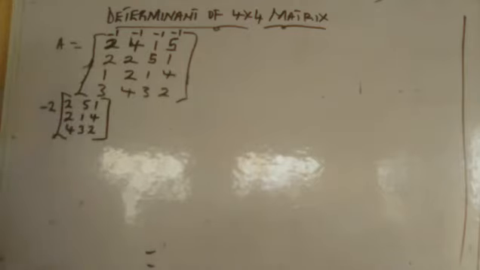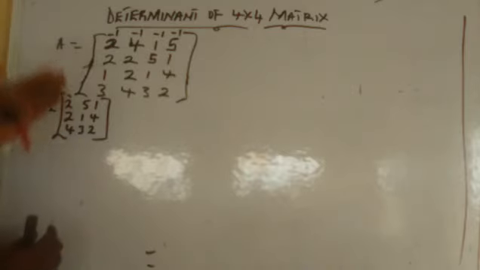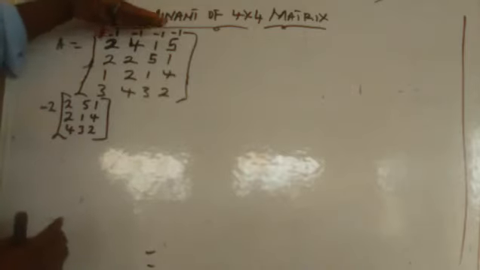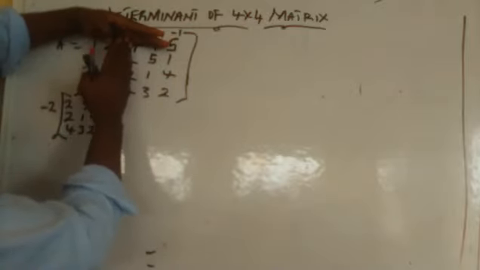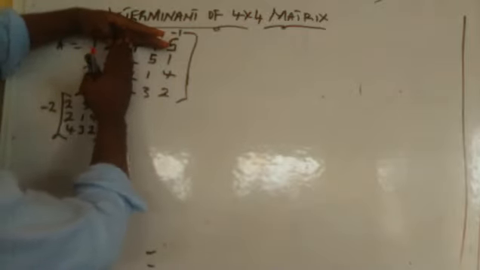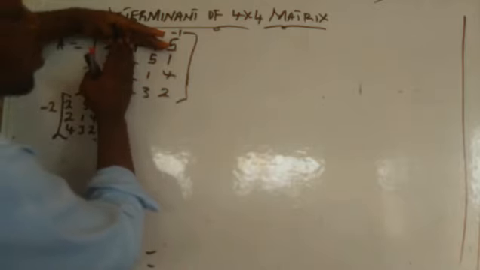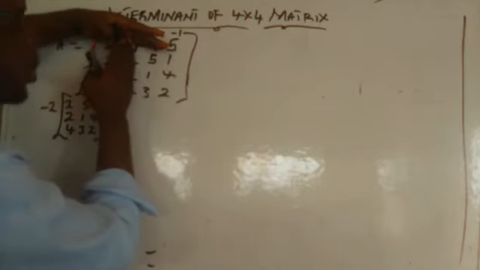Then we close that. Having done this, we go to the first row and the second column. If you do this now, you'll be having 2, 5, 1, 1, 1, 4, 3, 3, 2.